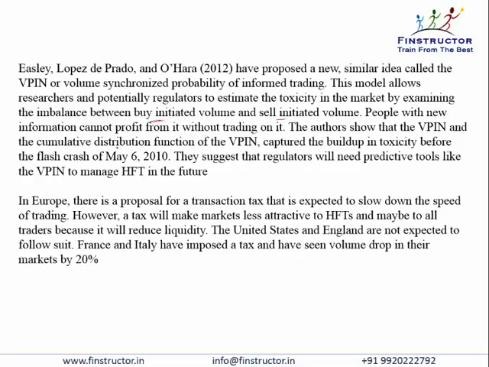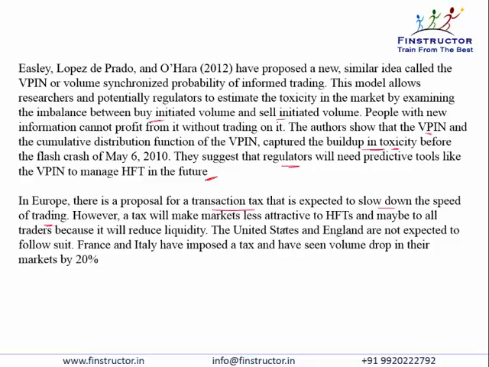This research shows that these kinds of models can predict the buildup of toxicity or orders by these HFTs or algorithms, and regulators can use these predictive models to help prevent market crashes and regulate the market. There is a proposal for a high transaction tax that will slow down the speed of trading.